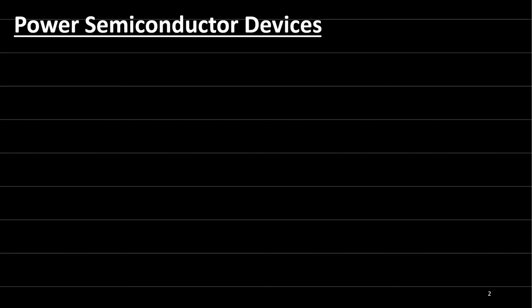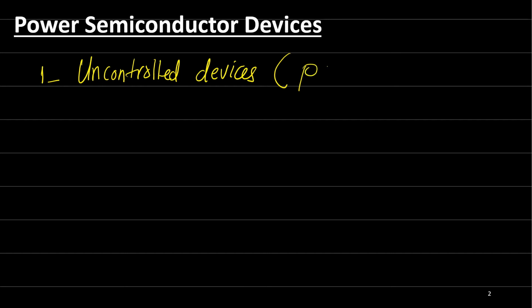Power semiconductor devices can be divided into three main categories. Number one is the uncontrolled devices. These uncontrolled devices can include diodes, for example, the power diodes.